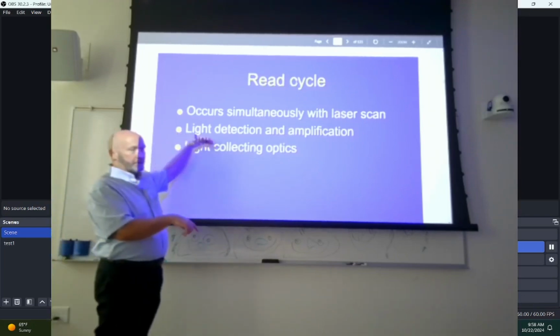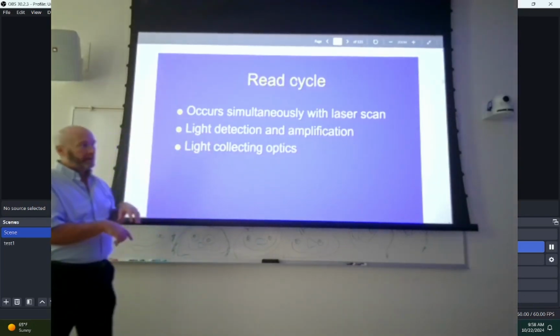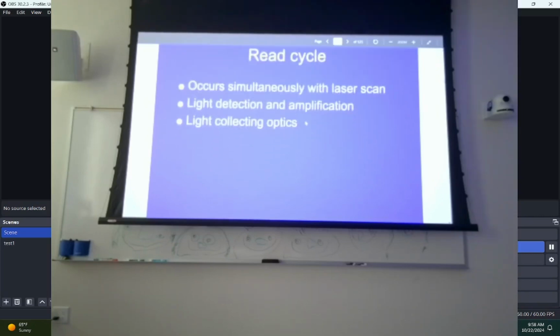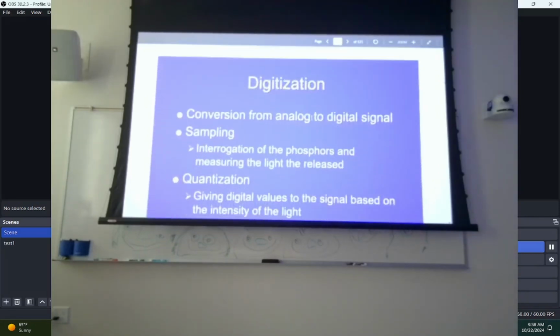So we've got detection at the same time as stimulation, and then we've got to amplify that with the light in our photomultiplier tube. So we've got light collecting optics to pick up all that light that's let out of the phosphors. We're going to convert that from analog to digital signal.